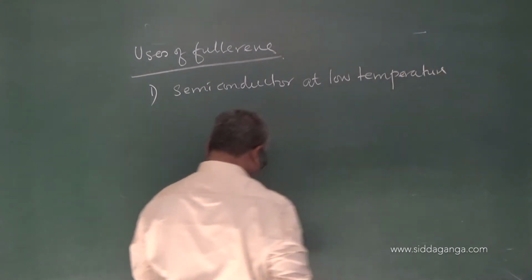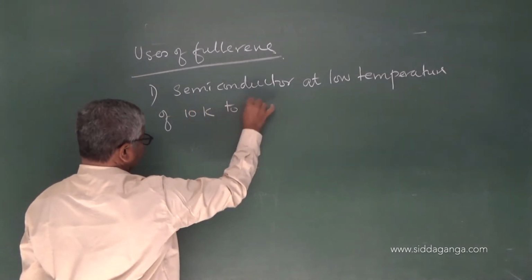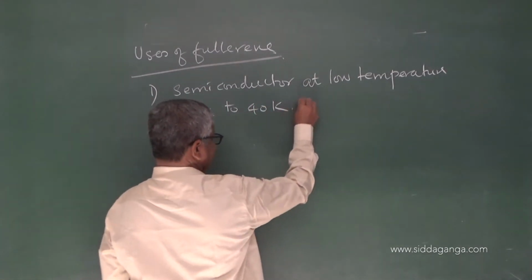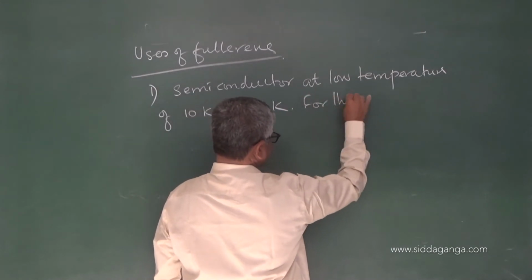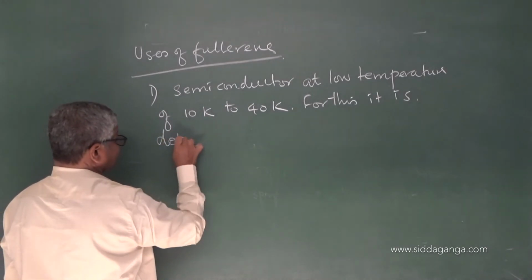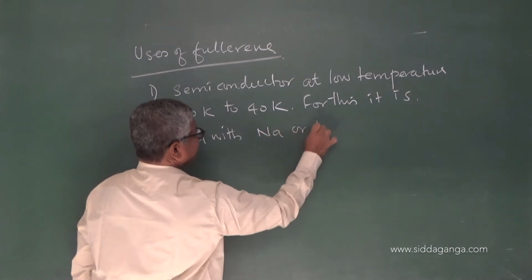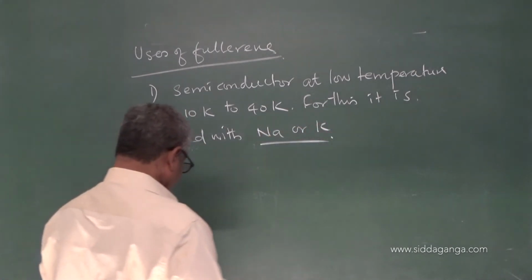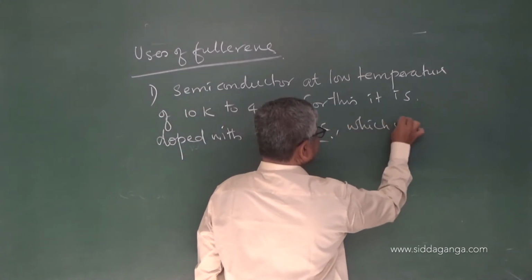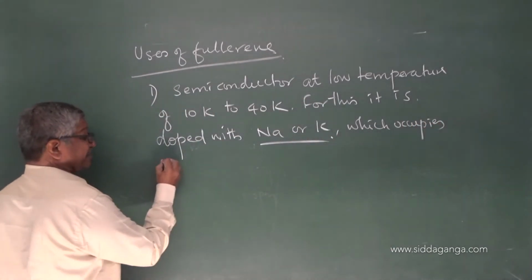The temperature is between 10 Kelvin and 40 Kelvin. For this, it is doped with sodium or potassium, which occupies the gaps or interstices.